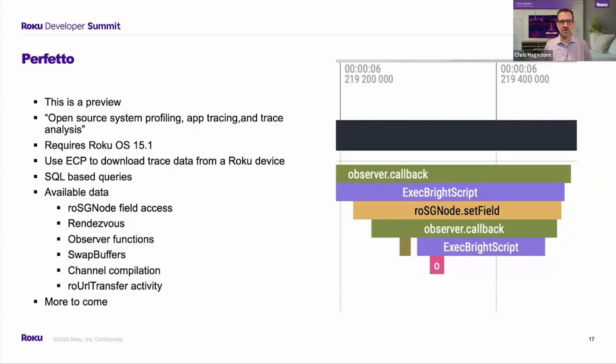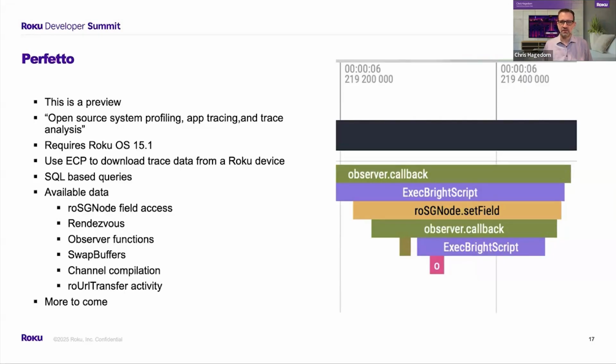Swap buffers, this lets you see exactly when the system is actually updating what's on the screen and visible to the user. Channel compilation, this is another one that I think is pretty interesting. So as you probably know, published channels are compiled in the cloud and the bytecode is delivered to the device.